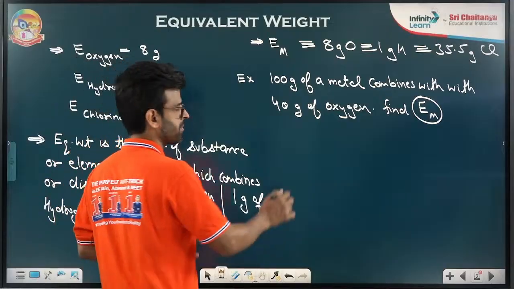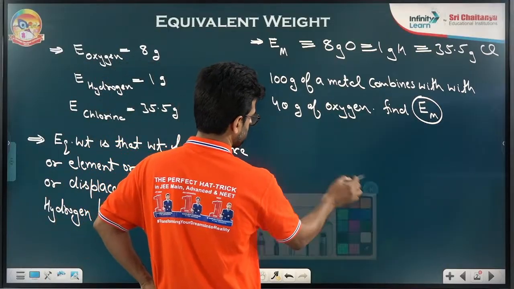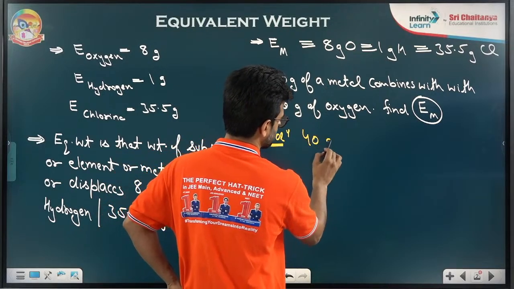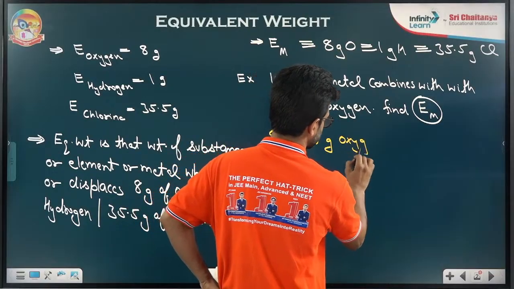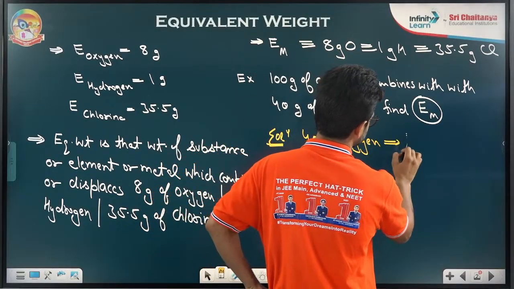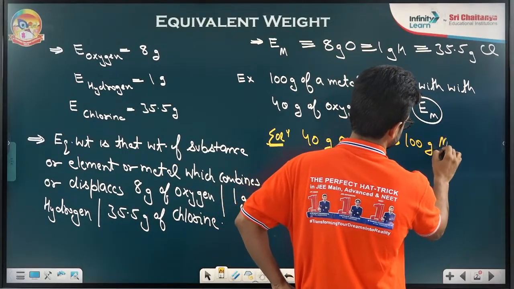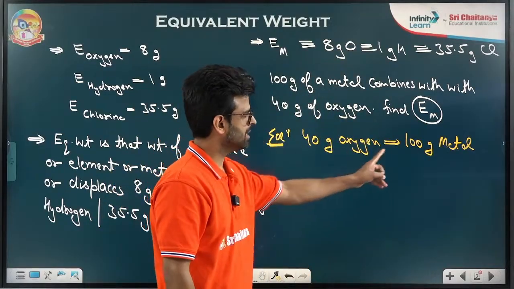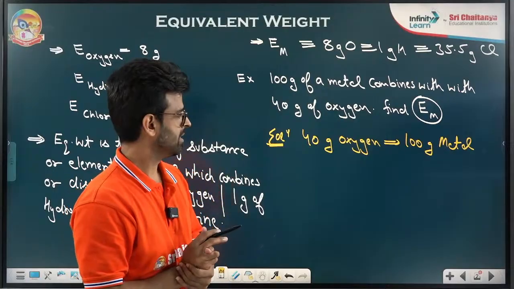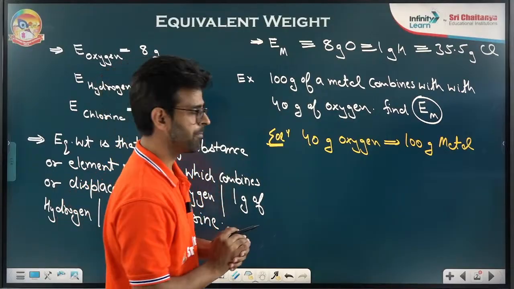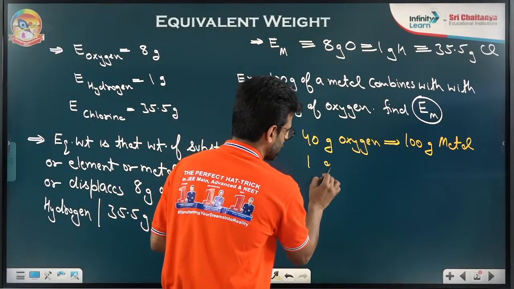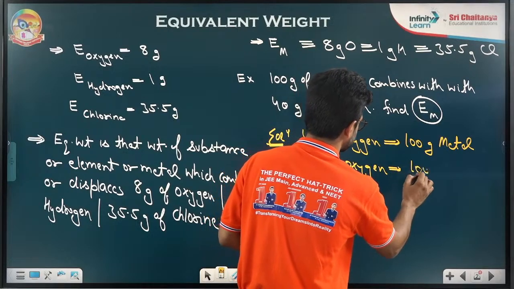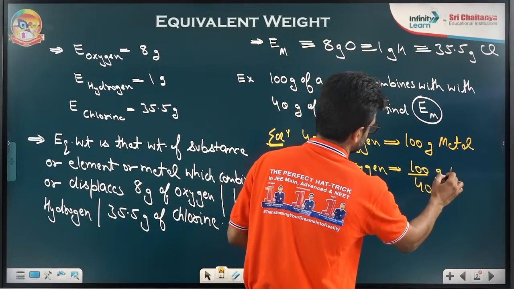Very simple thing. I'm writing here: 40 gram of oxygen is combining with 100 gram of metal. Apply the unitary method. So 1 gram of oxygen combines with 100 by 40 gram of metal.